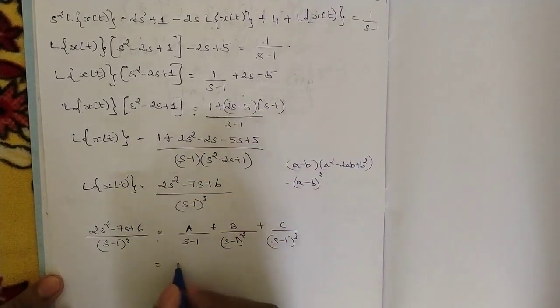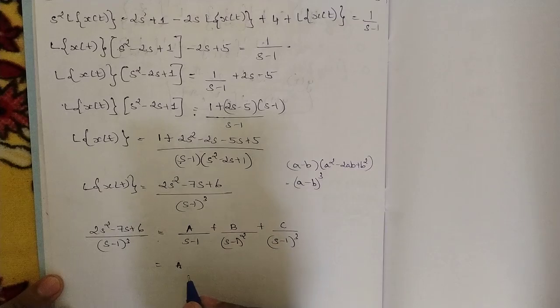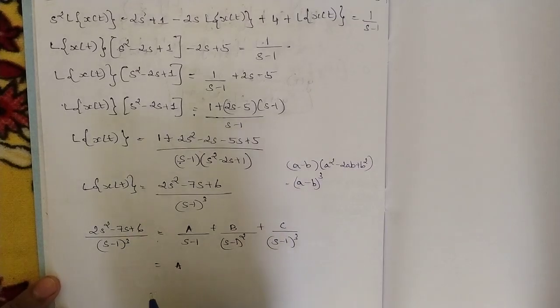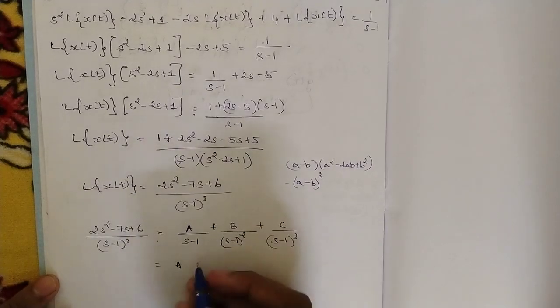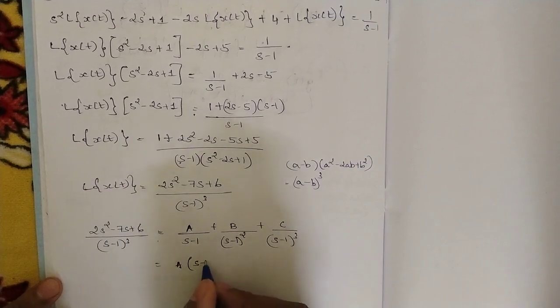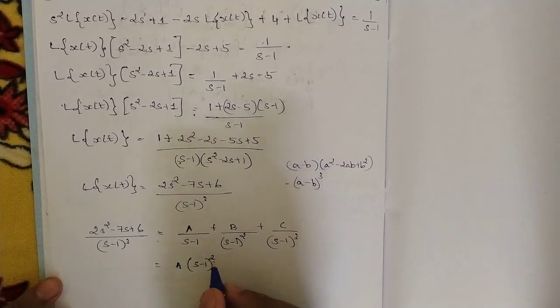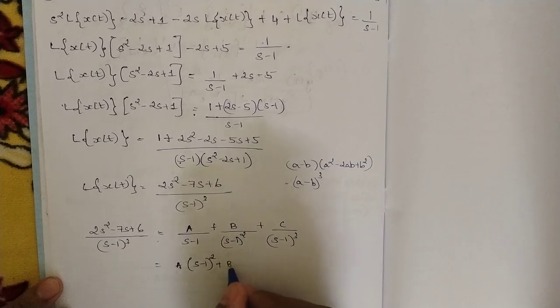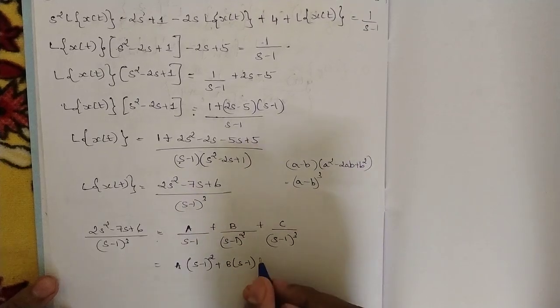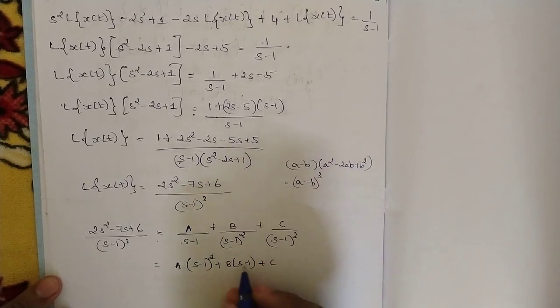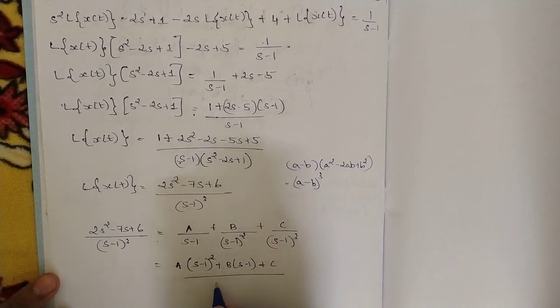Okay, so simplifying, what we will be getting is a into (s minus 1) the whole square plus b into (s minus 1) plus c, divided by (s minus 1) the whole cube.